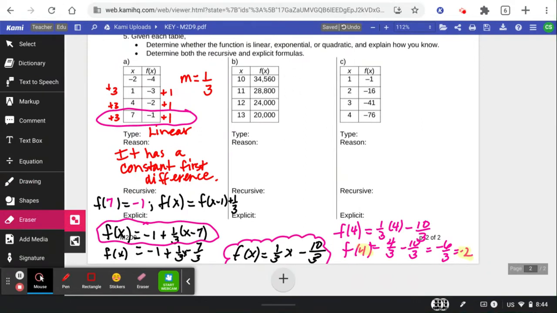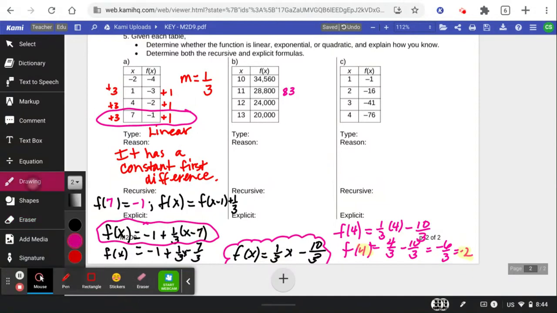So let's try dividing. So we're going 28,800 divided by 34,560. And I'm getting a 0.83 multiplier.